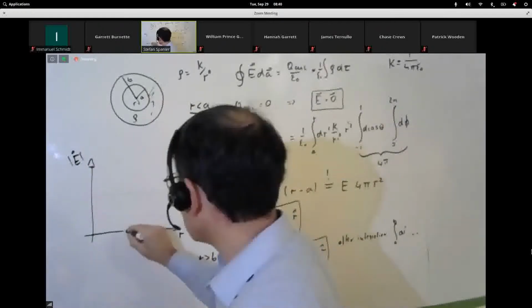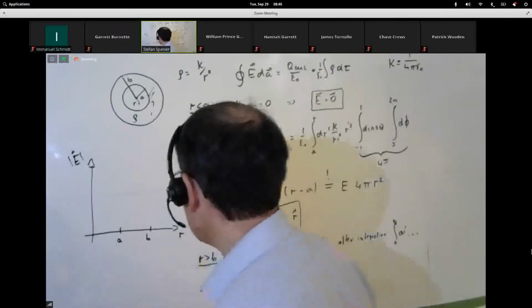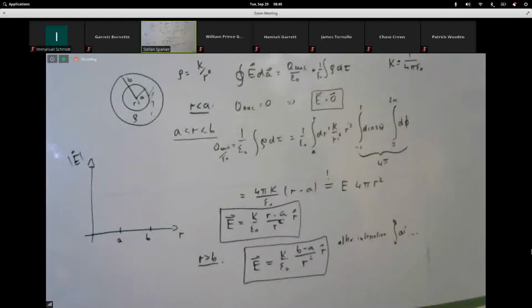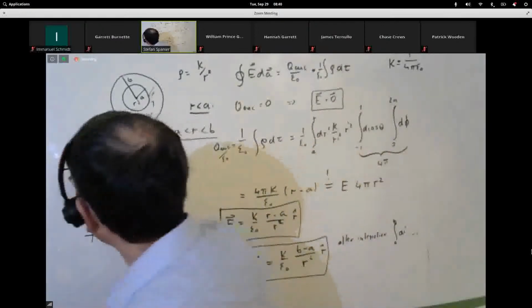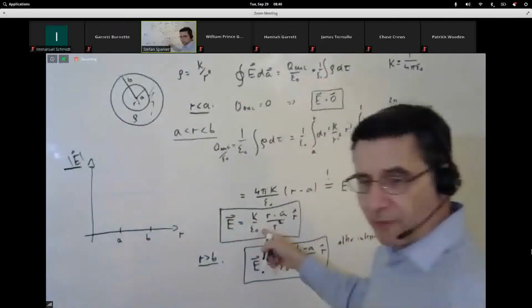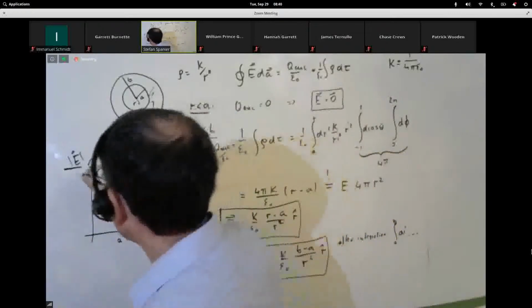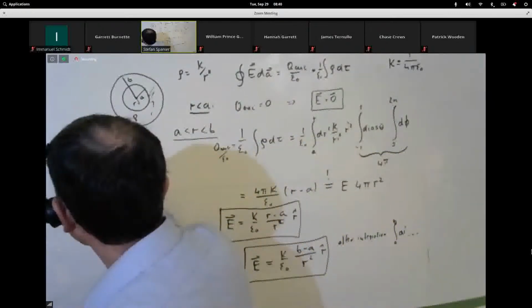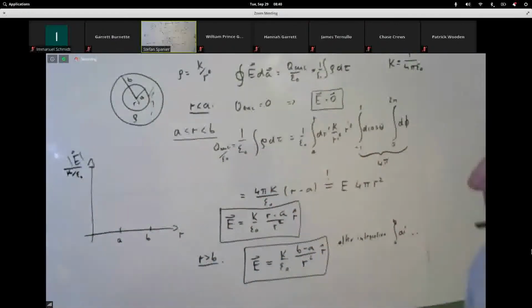This is r, the two important radii are a and b. Now in this case, you can simplify. If you draw E divided by, and then we just divide out this constant, because then it's really just an r, a, and b dependent expression. So I divide out k over epsilon 0.